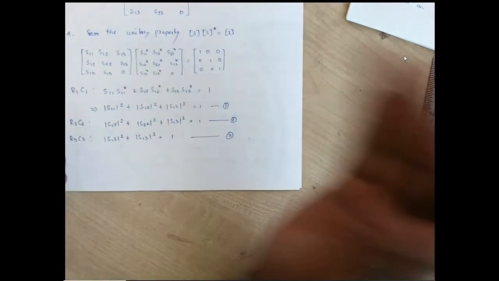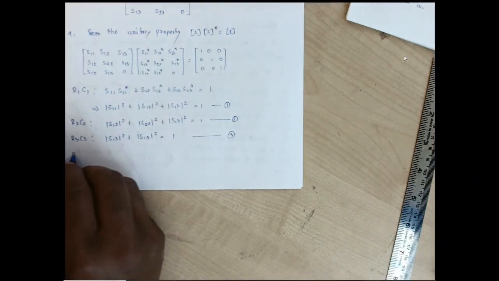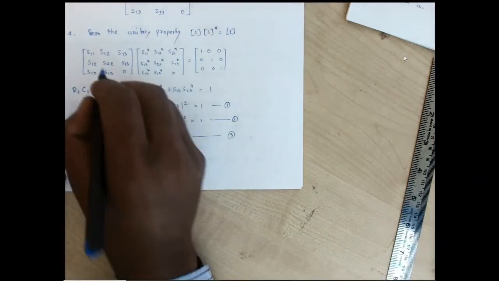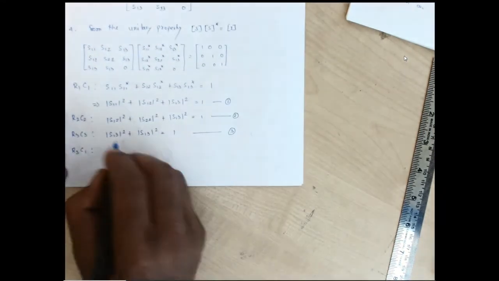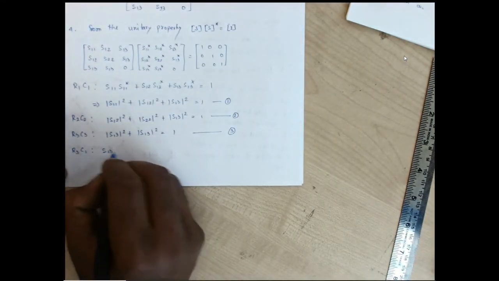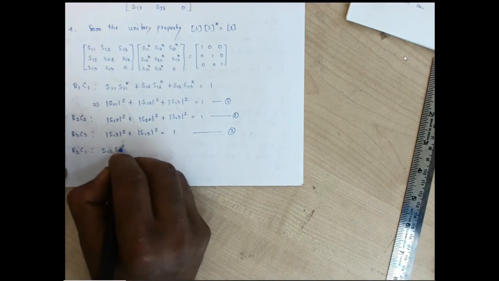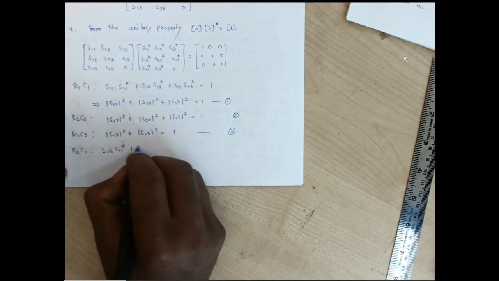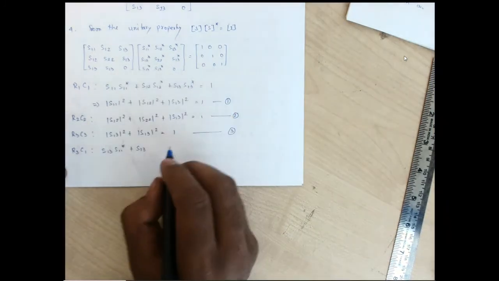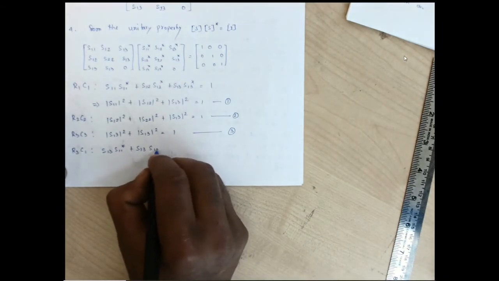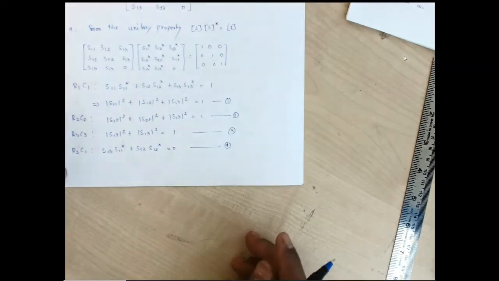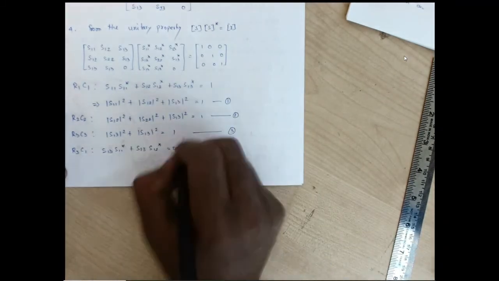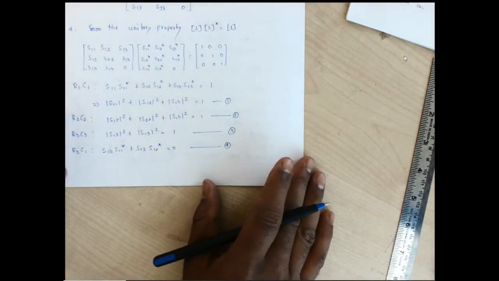Let us take another combination, R3 C1. This will be S13 multiplied with S11 conjugate plus S13 multiplied with S12 conjugate equals 0. So we need to solve all these equations to find the values of these parameters.